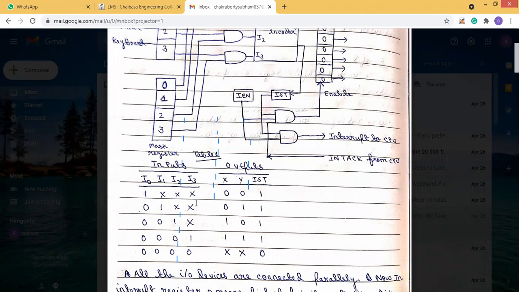Clear? So in case one, if all the input output devices generate interrupt, we'll only consider the highest priority interrupt, but we will use don't care condition for the other input devices, whether they generate interrupt or not. Okay, clear?